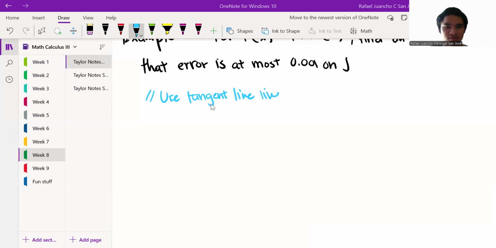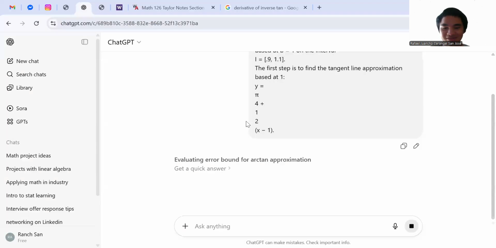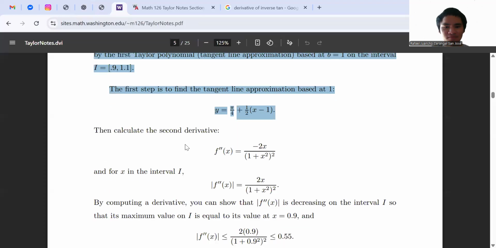I'm going to show you guys what GPT is saying. Okay, I put the first step.